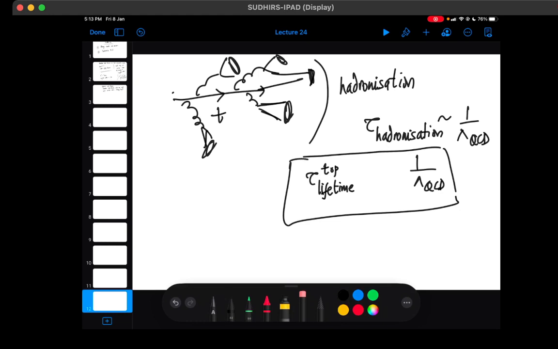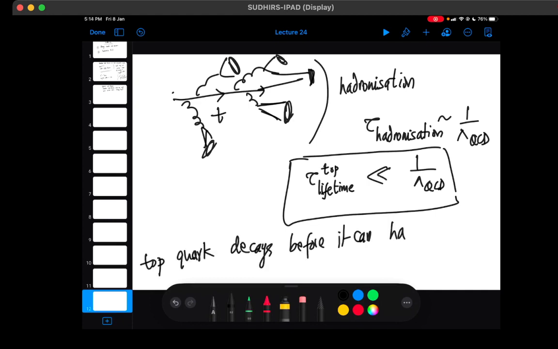So the top quark decays before it can hadronize. Which is very amazing, because here you have a top quark which you think is almost like a free particle, but its lifetime is so small.